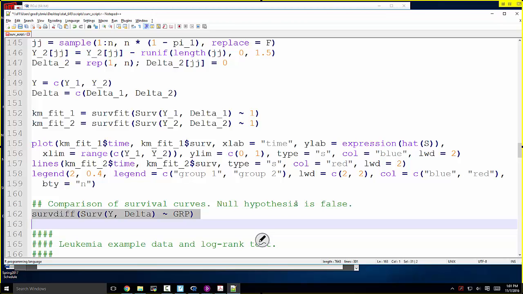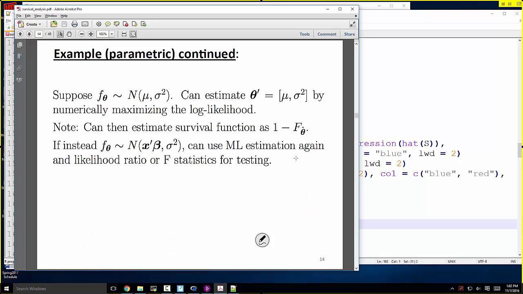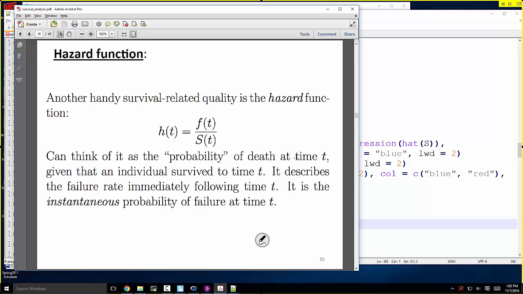So that's enough about survival curves. Let's change gears and start talking about another summary measure with survival data. And this is going to be our entry point into regression with survival data.